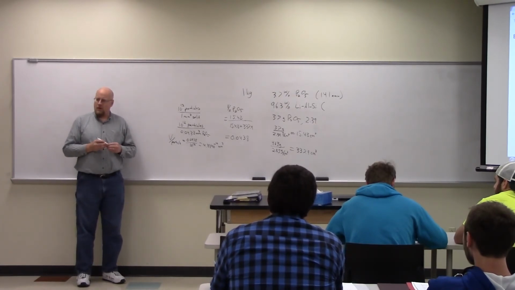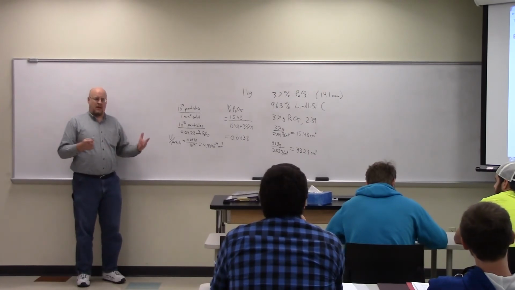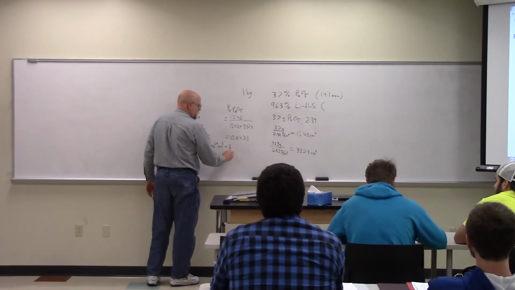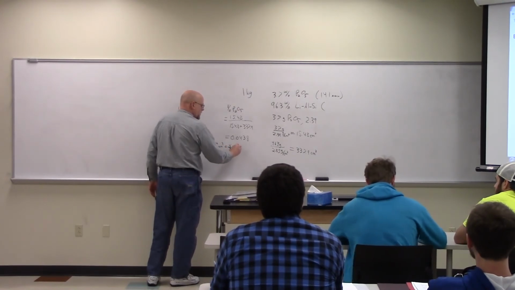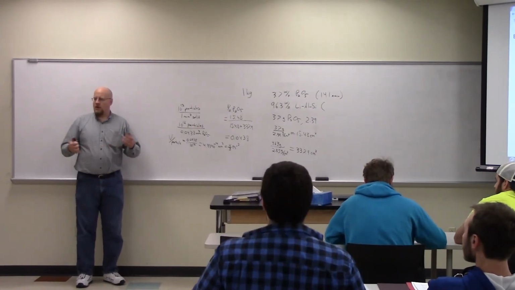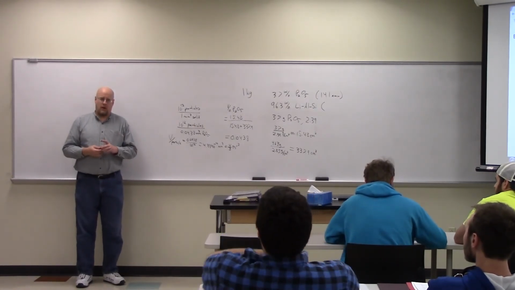That's the volume of the particle. Now that I know the volume of the particle, I can set that equal to 4/3 pi r cubed, solve for r, and then double it to get the diameter, which is the particle size.